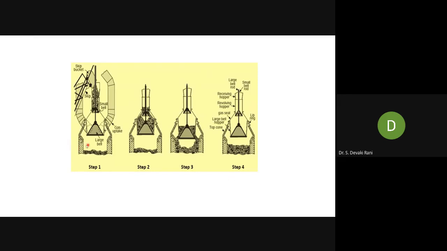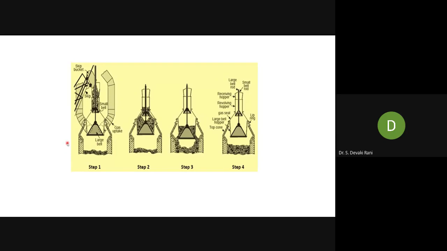If we can create a pressure at the top, that is known as high top pressure. Suppose the pressure of the gas entering the blast furnace is 3 atmosphere, and at the top it is 0. That means there is no pressure at the top. Suppose we are able to create a pressure at the top of about 1 to 1.5 atmosphere, that is a back pressure. That is known as high top pressure.